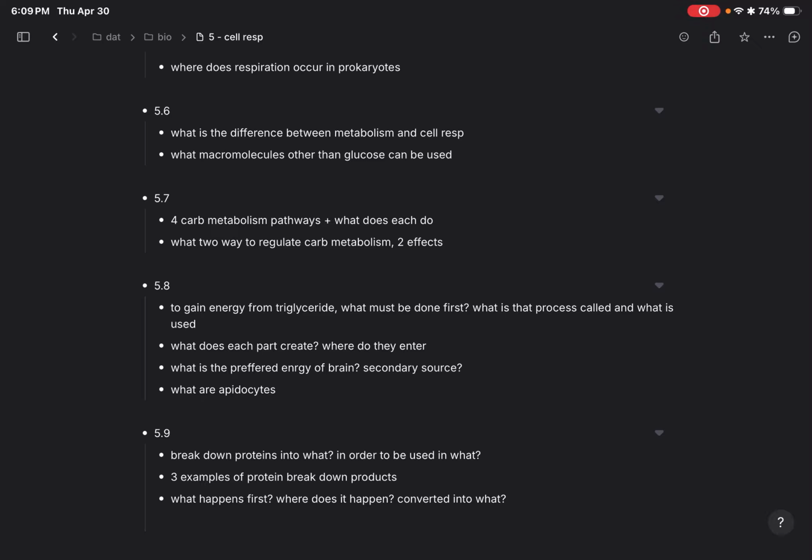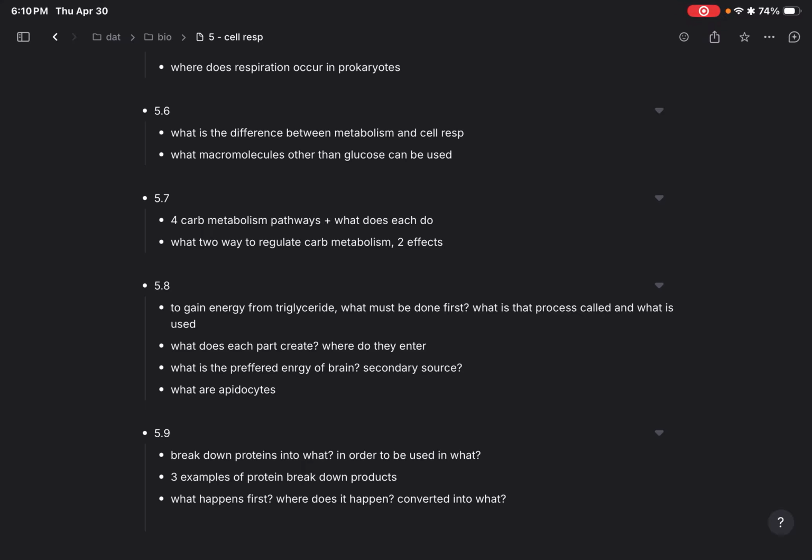Glycogenesis is forming glycogen. Glycogenolysis is breaking down glycogen. Gluconeogenesis is forming glucose from different molecules, different macromolecules, and then glycolysis is just the process of breaking down that glucose and making it into pyruvate, right? Yeah.